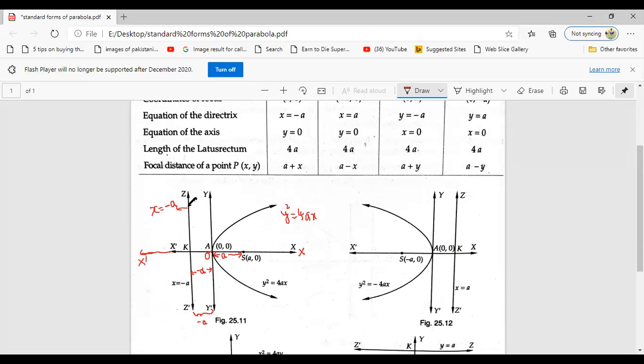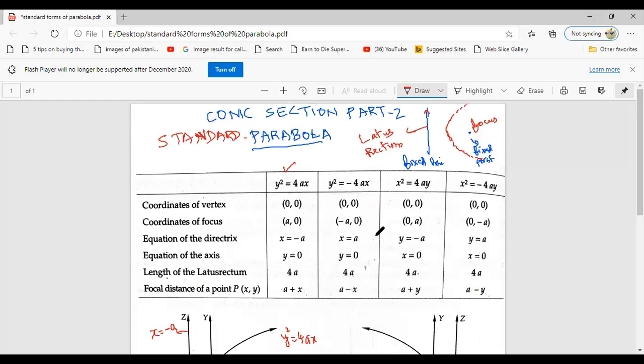This line is not the latus rectum. This line is called the directrix.